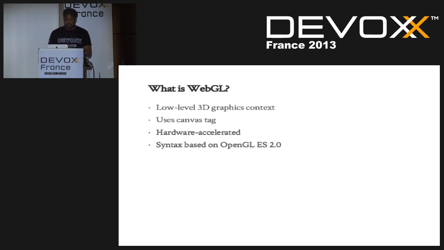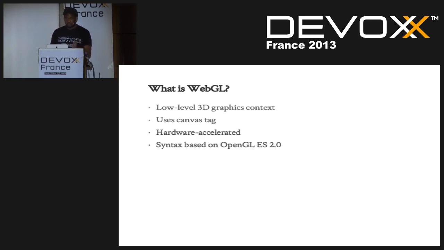So what is WebGL? WebGL is a low-level API for the browser. It's very close to OpenGL in that it's based on OpenGL ES, OpenGL for embedded systems, which is the OpenGL that is used on your Nintendo Wii, Nintendo DS, PlayStation, Xbox, Android phones, iOS phones.